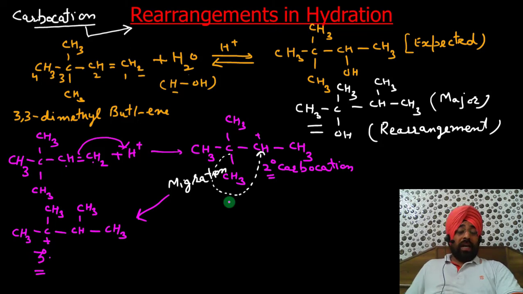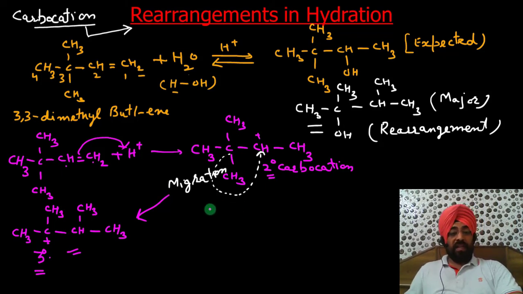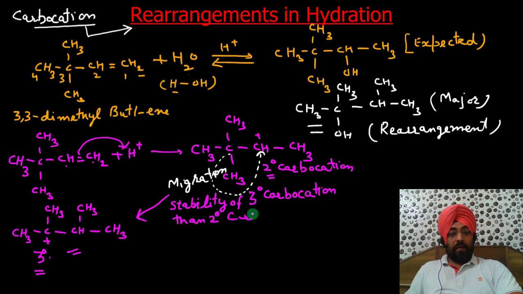As this migration leads to a more stable carbocation, this migration, or we can say this rearrangement, takes place. The driving force for this rearrangement is the stability of tertiary carbocation over secondary carbocation.